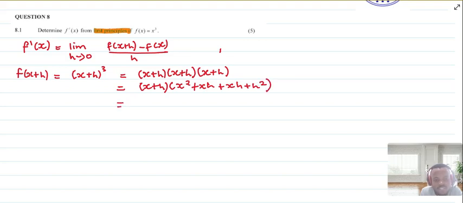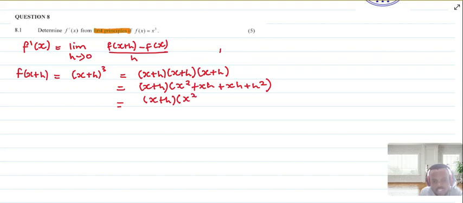Now we multiply throughout. We want to get rid of brackets. So x times x becomes x to the power of 3. Let us continue with this one, so that here we also group like terms.